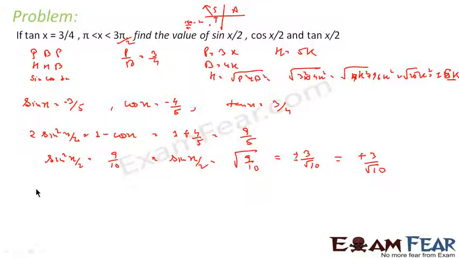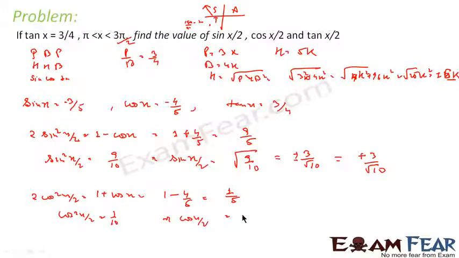Similarly for cos, we have 2 cos square x by 2 is equal to 1 plus cos x. So this becomes 1 minus 4 by 5, because cos x is equal to minus 4 by 5. So this becomes 1 by 5, and cos square x by 2 becomes 1 by 10, or cos x by 2 is equal to plus minus root of 1 by 10.